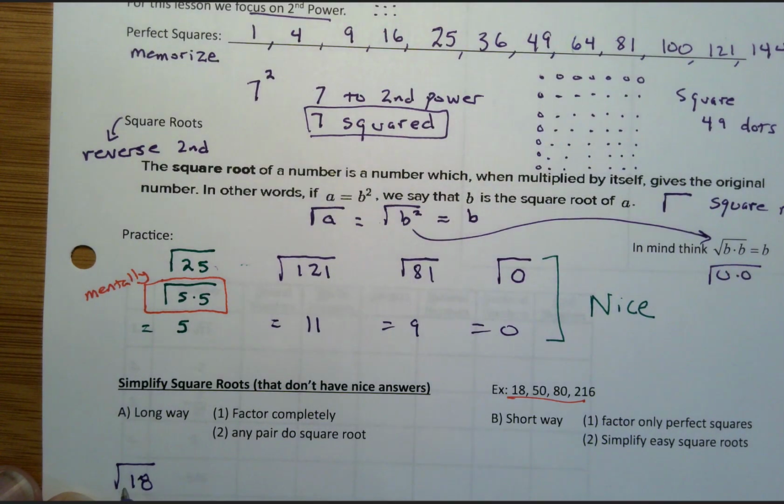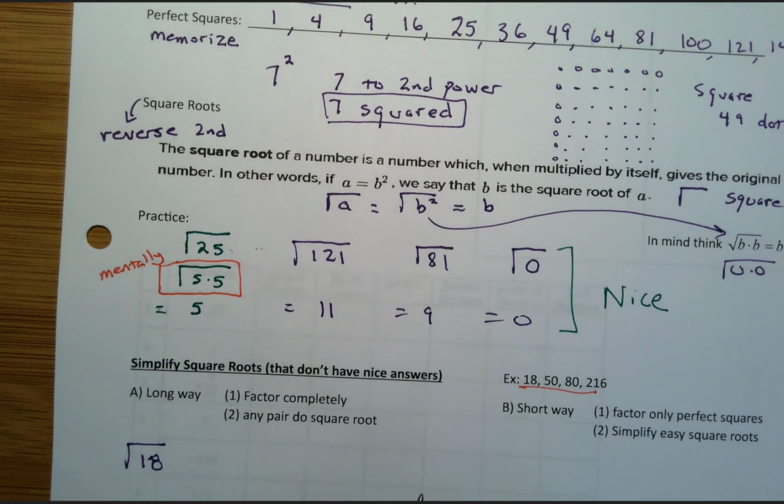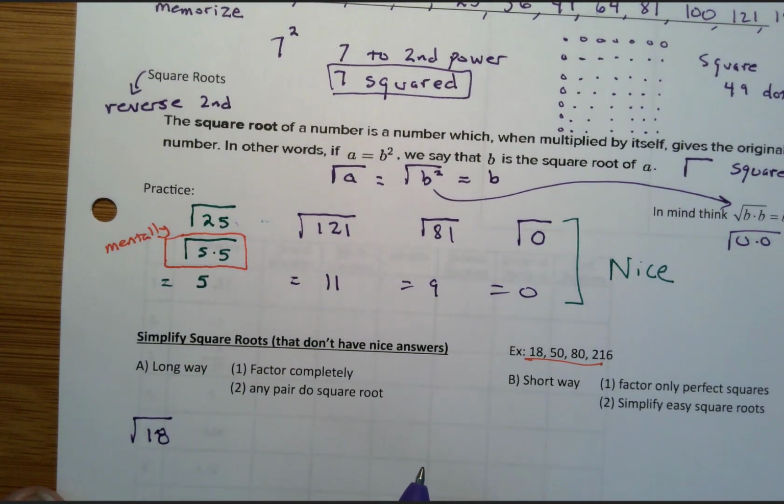The square root of 18 lands in between, so the answer is somewhere between 4 and 5, but we don't know what it is. So we're going to learn how to simplify this square root, and there are two strategies. We're going to take 18 and break it down. We say, oh, 2 goes into 18: 2 times 9. Now 9 is a perfect square number.